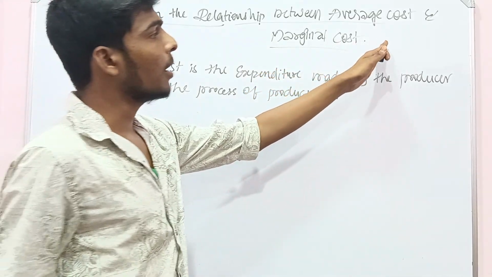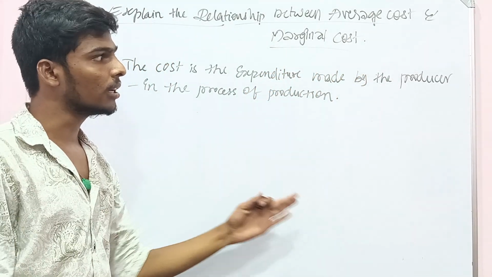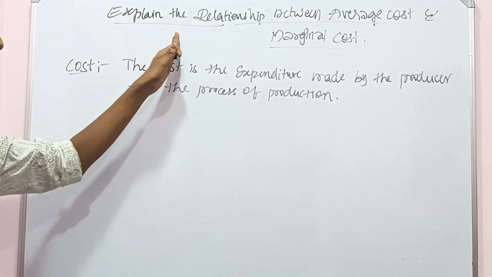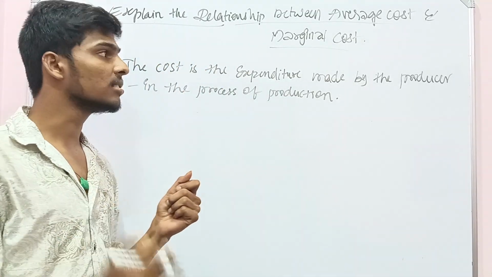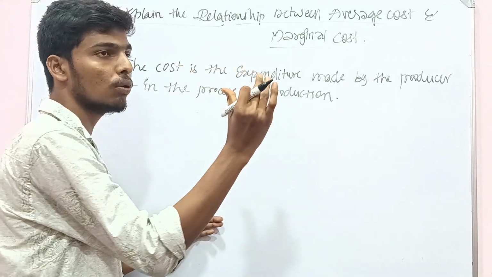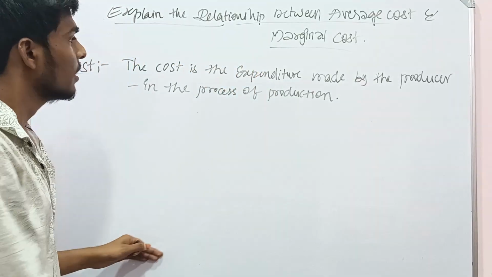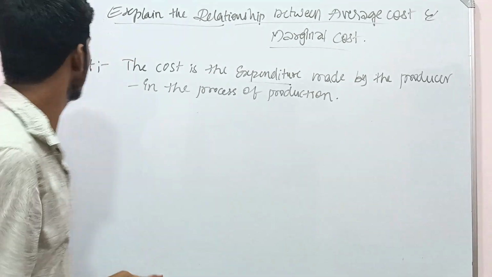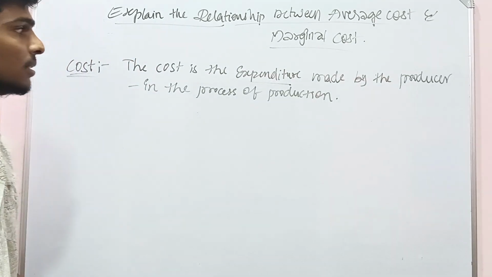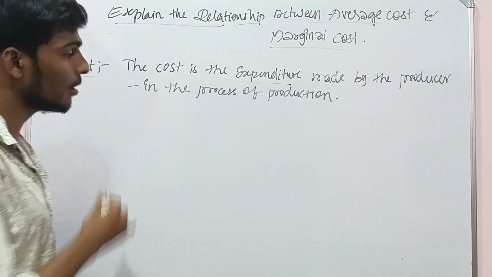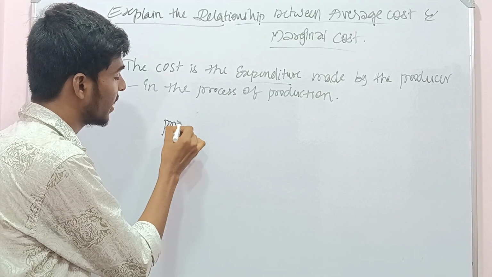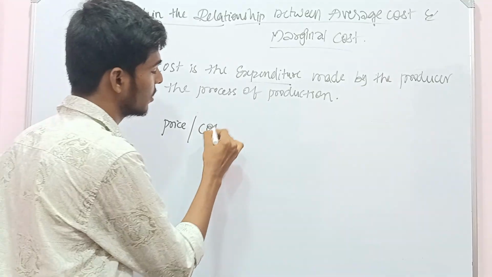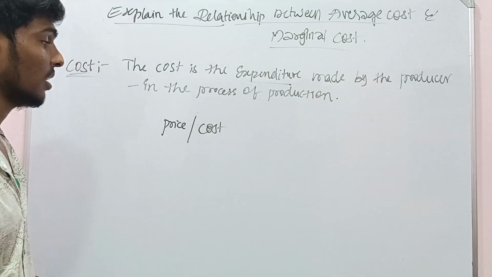Anything by producing any good, the expenditure which is incurred on producing a good or commodity, that expenditure is called as cost. Here you can observe that you cannot say the price and cost are same.